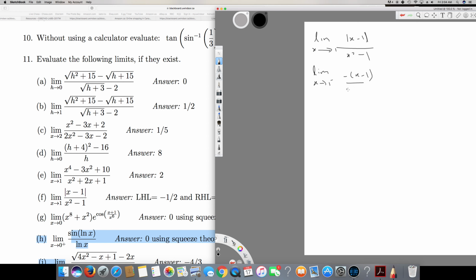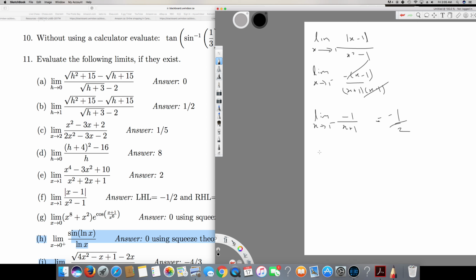I can expand it as x plus 1, x minus 1, and x minus 1 cancels, so minus 1 over x plus 1, limit x approaches 1 minus. So now if I put 1 for the x value, it's going to be negative 1 over 2, so it's going to be negative half.